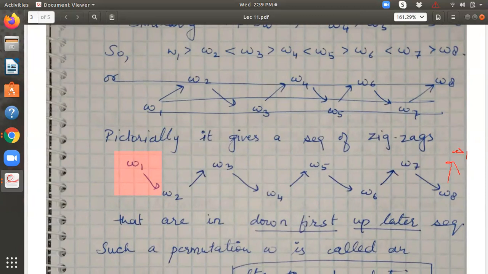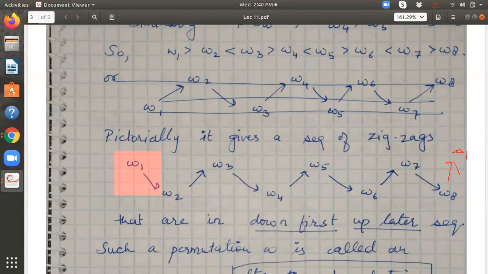The new permutation I'm dealing with is W2, W3, W4, W5, W6, W7, W8, W1. This is also a zigzag, however of a different type, in which you take up first and down later. So you have in some sense reversed it.